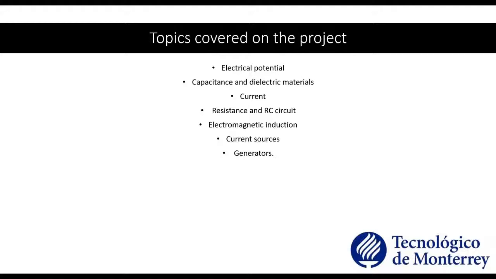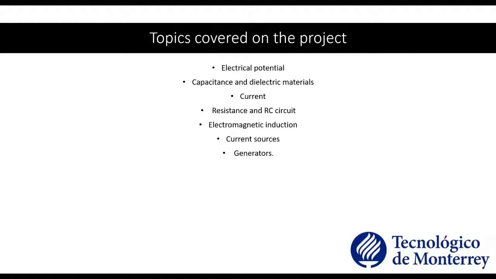5. Electromagnetic induction is the production of an electromotive force across an electrical conductor in a changing magnetic field. An electromotive force can be voltage. 6.